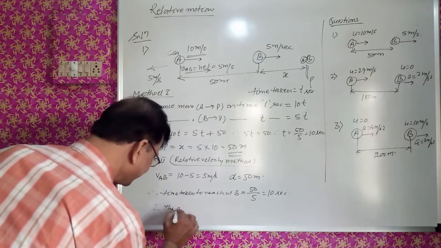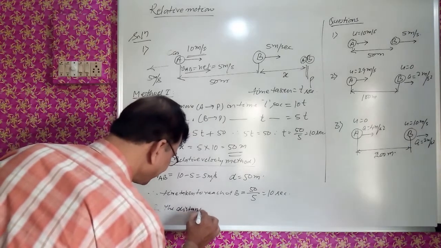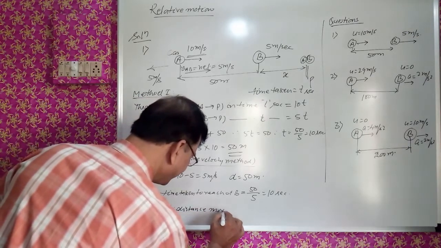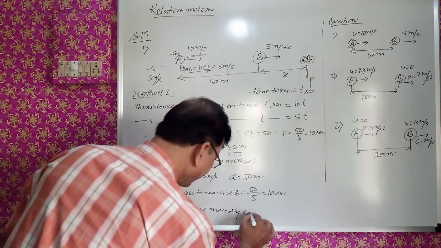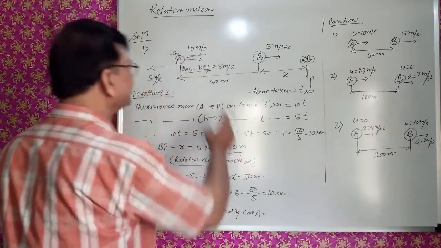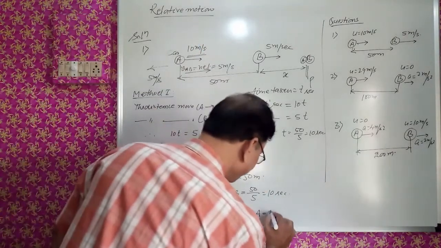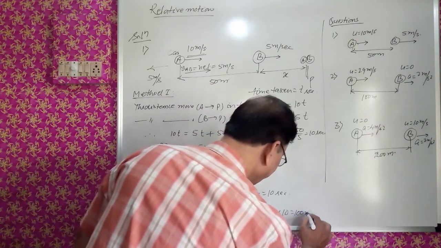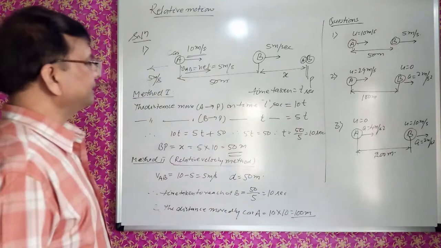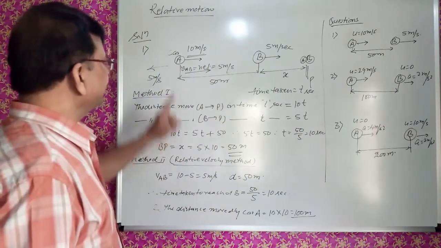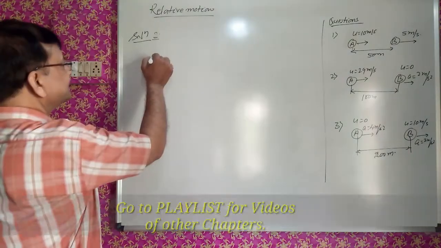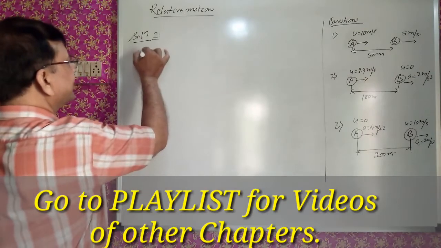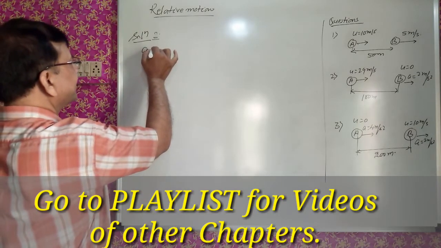The distance moved by car A is equal to the velocity, 10 meters per second, into 10 seconds, that is 100 meters. So at a distance of 100 meters, A will catch B. So this is A, car A.